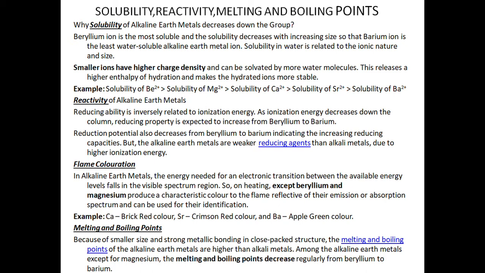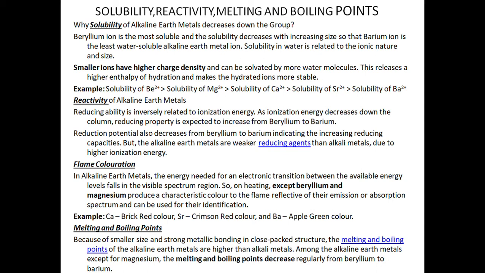Now we see the flame coloration also changes, and that is how we experimentally identify them easily by their flame test. In alkaline earth metals, the energy needed for an electronic transition between the available energy levels falls in the visible spectrum region. So on heating, except beryllium and magnesium, they produce a characteristic color in the flame, reflective of their emission or absorption spectrum, and can be used for their identification.